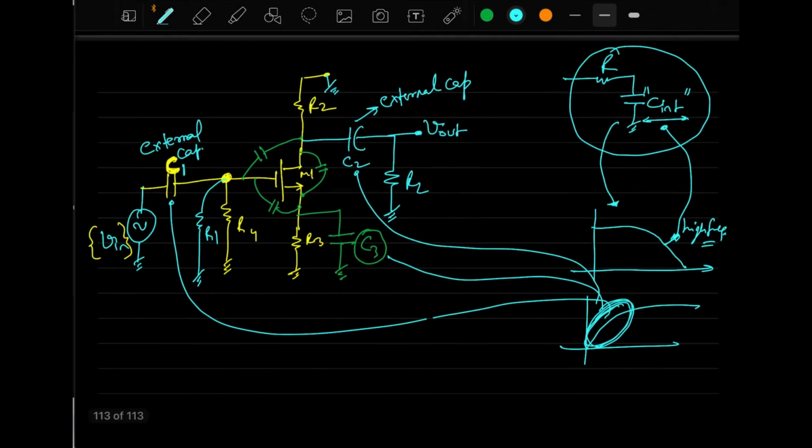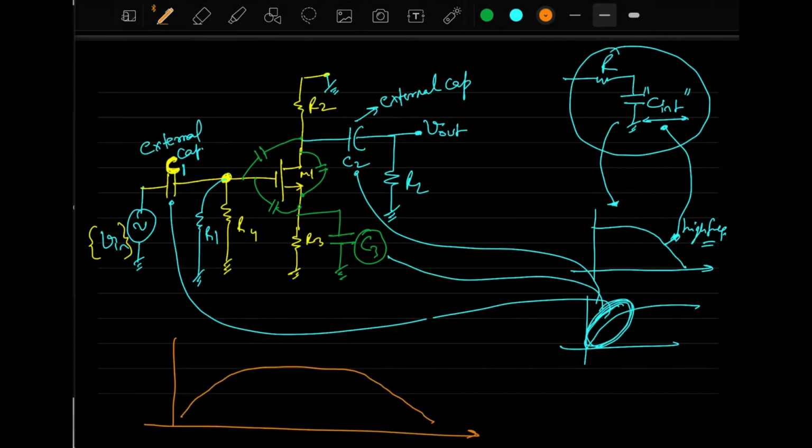In books, you will see something like this: the response, the gain of the amplifier versus the frequency.